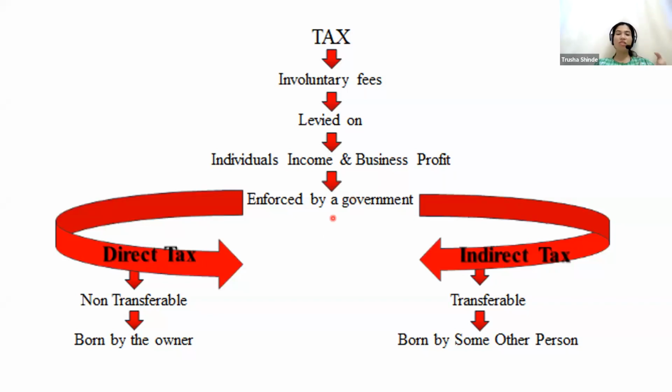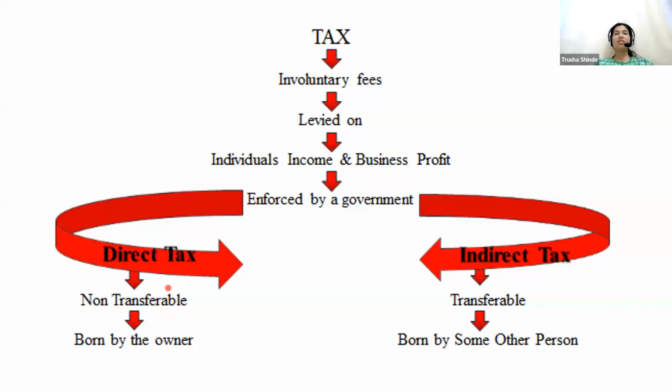Now this tax is collected by the government in two forms. Which are those forms? One is direct taxation and the other is indirect taxation. Now what is direct taxation? You have learned this in the previous semester. It is basically borne by the owner.